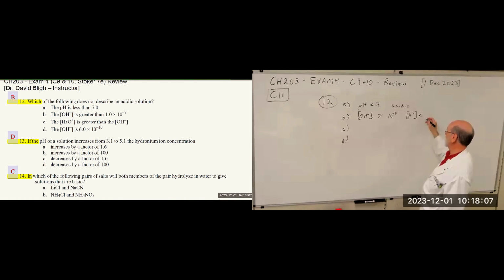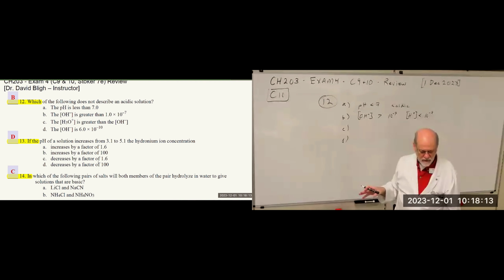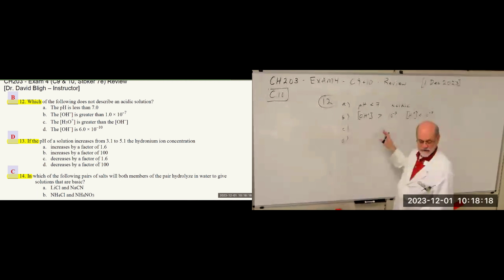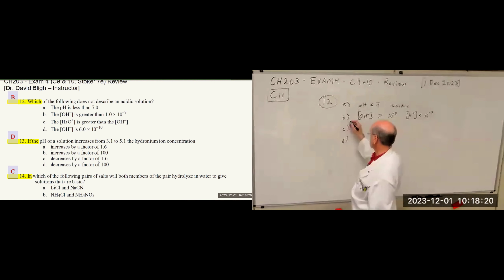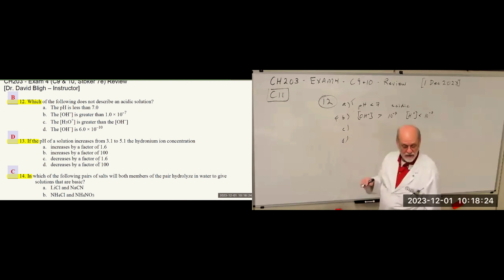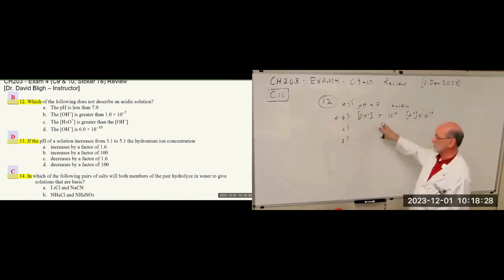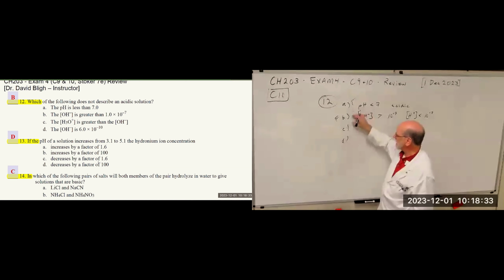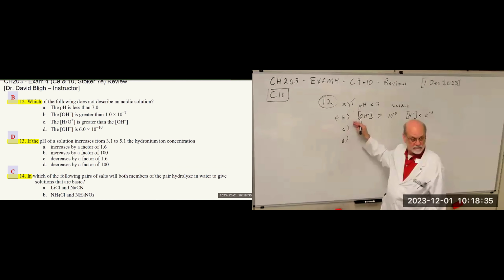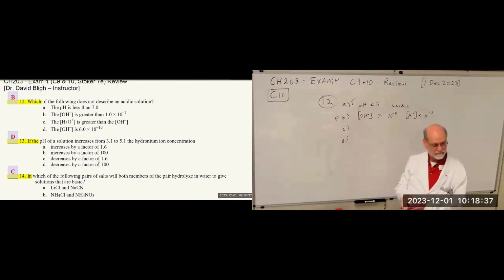It's less than 10 to the minus 7, which means it's basic. That's basic, so that's false. This one's true, this one's false, because we're looking for an acidic solution, and that describes a basic solution. So we have unique answers A, B, C, and D. We found the right one. We can stop there.